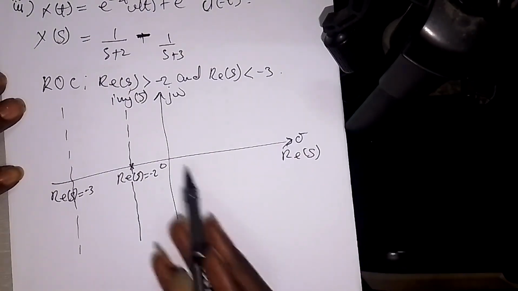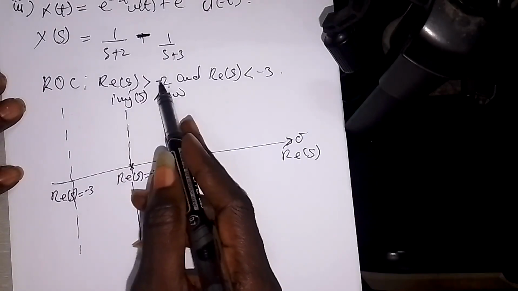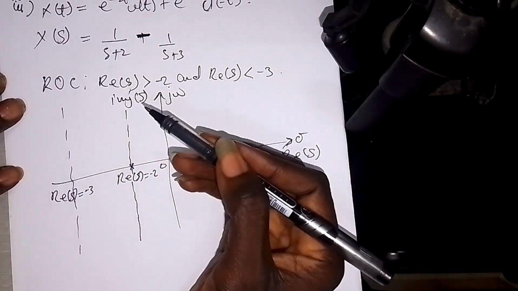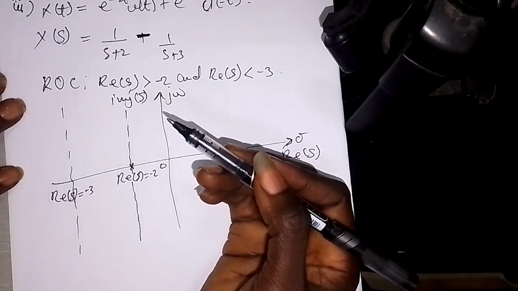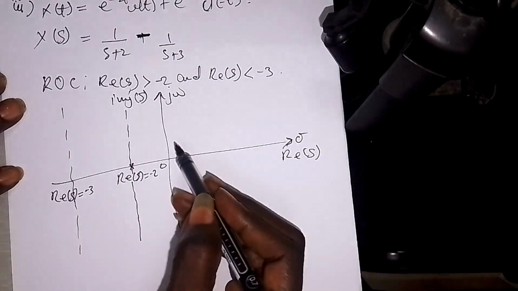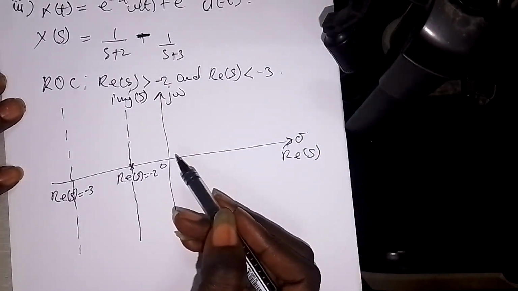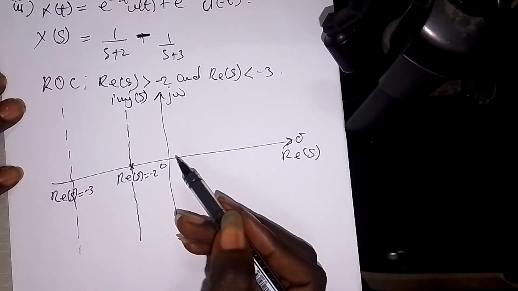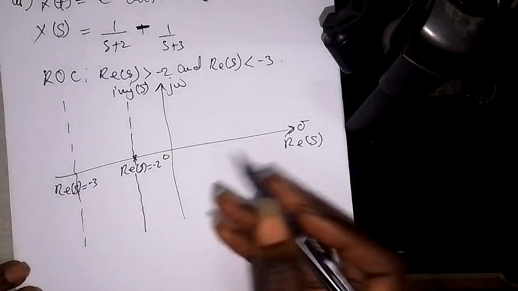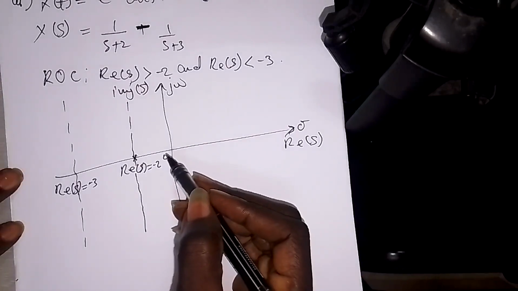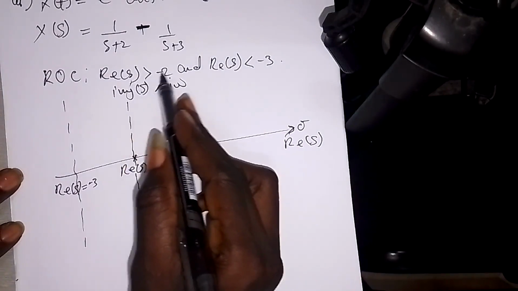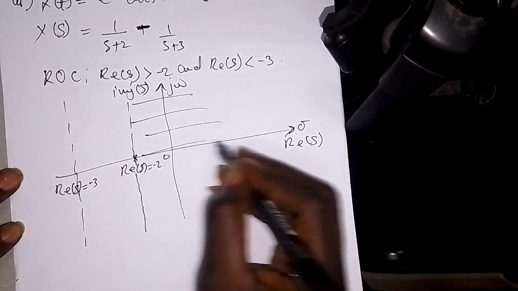Now let's see. RE of s is greater than minus 2. If it's greater than minus 2, then we have to let it face this way. That means it will go here.